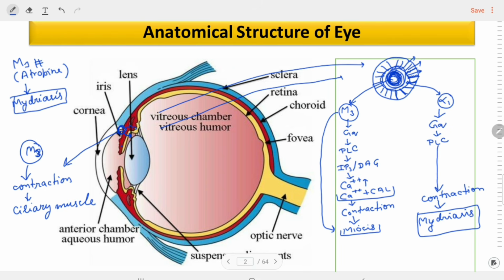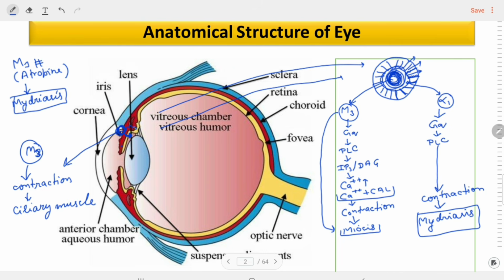So whenever this portion goes in this direction, it causes more widening, and that will lead to more aqueous humor outflow from this portion.